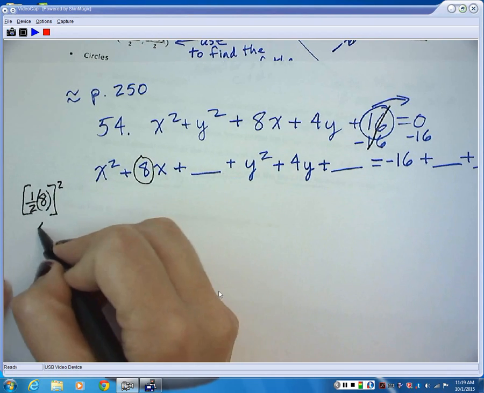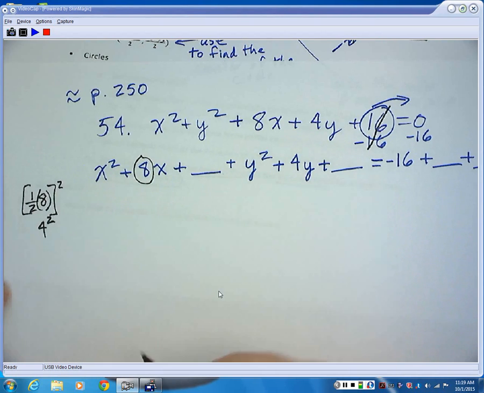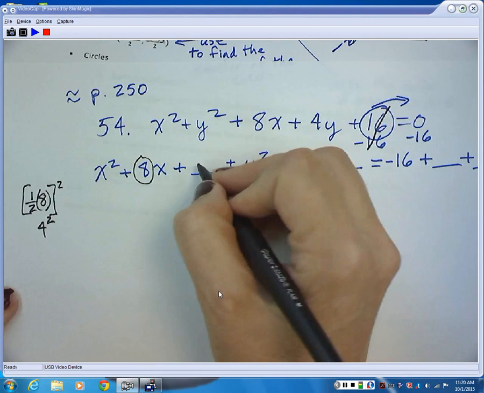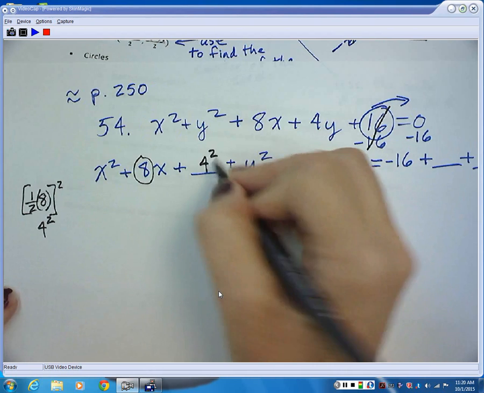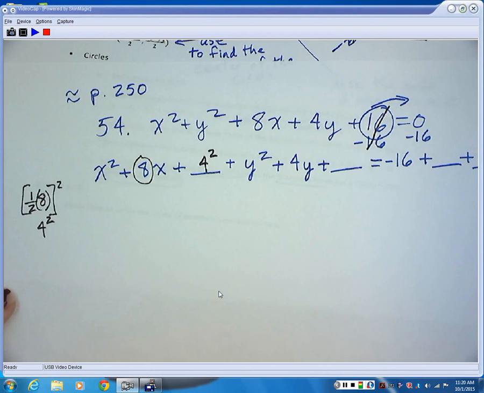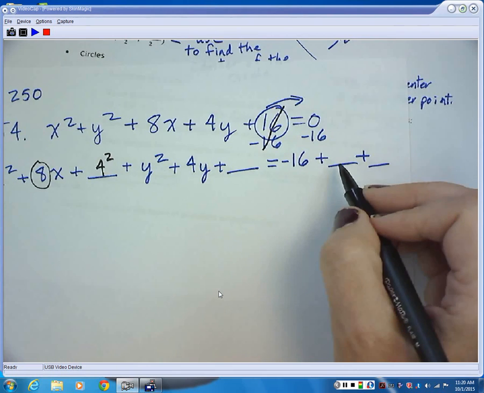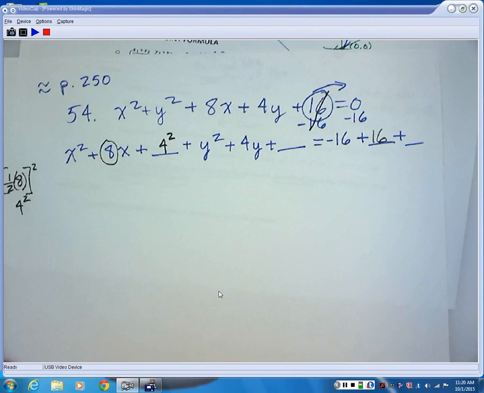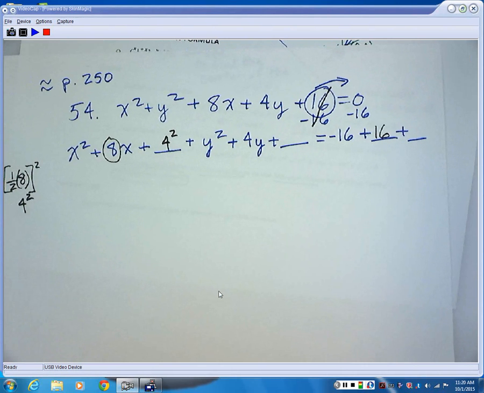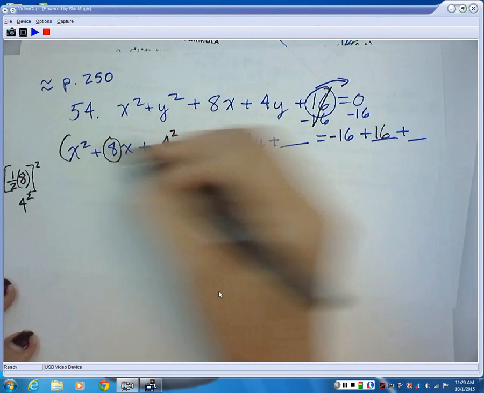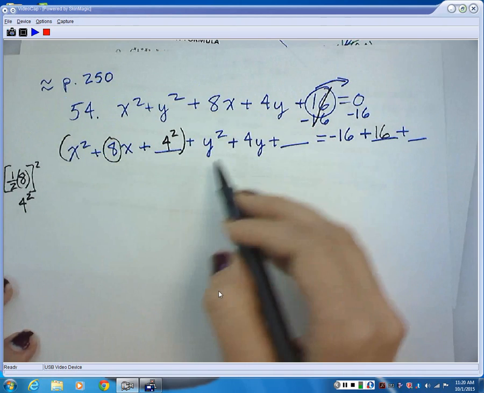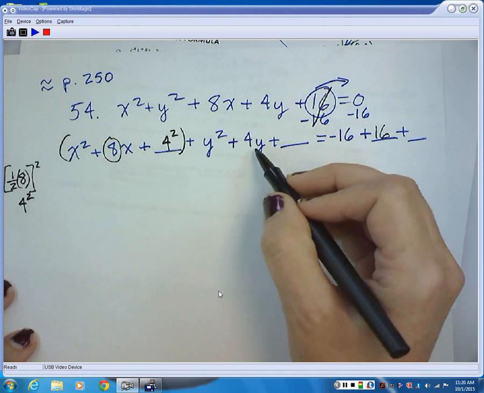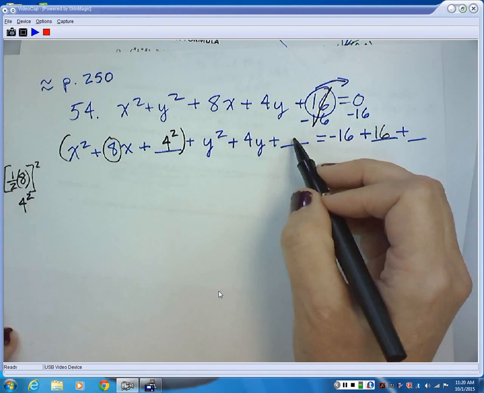So that's 4 squared. You can just write 4 squared here if you want, realizing that's 16, so you're going to have to add 16 here. So this is going to be a perfect square.